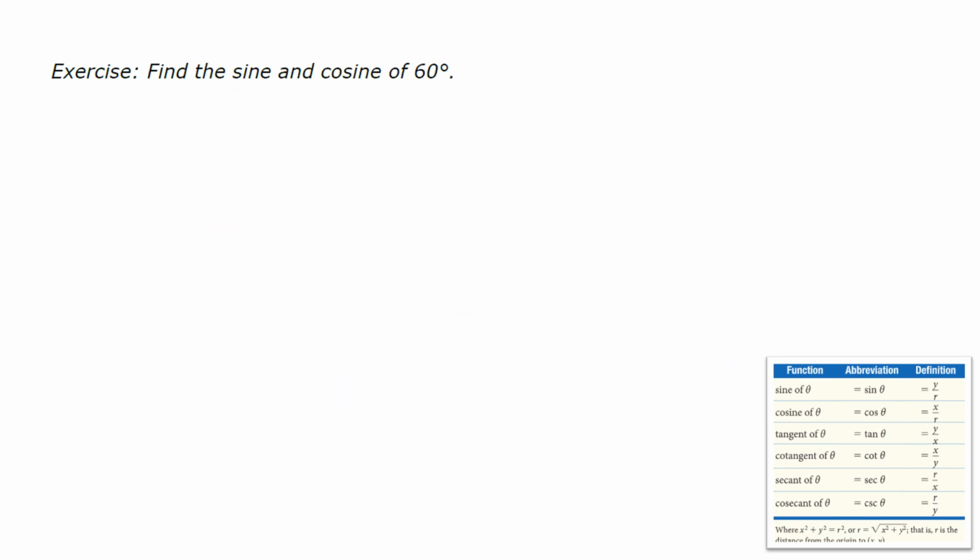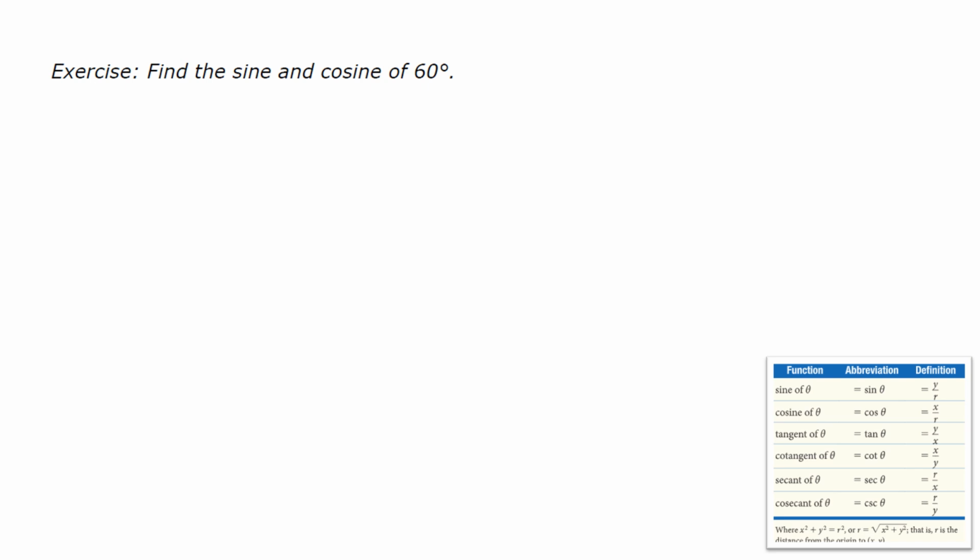Our next exercise asks us to find the sine and cosine of 60 degrees. First we need to find a point on the terminal side of an angle with a measure of 60 degrees when we draw it in standard position.